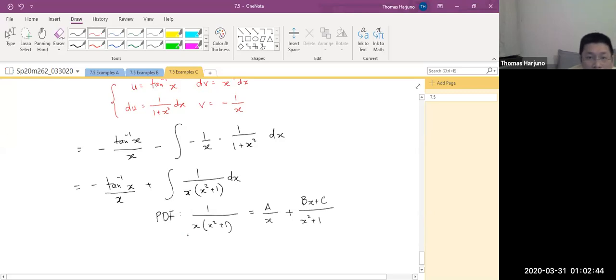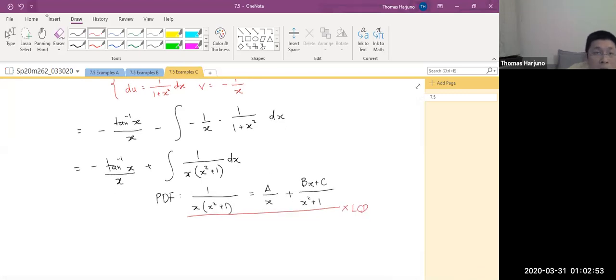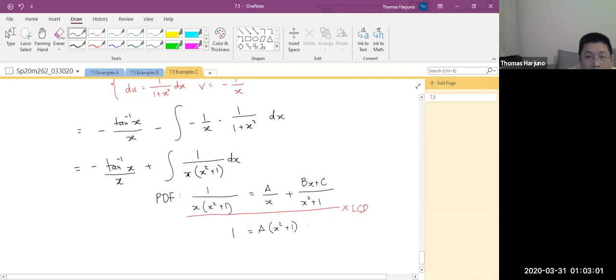Multiplied by the LCD will give us 1 equals a times x squared plus 1 plus bx squared plus cx. Let me distribute the x right away.